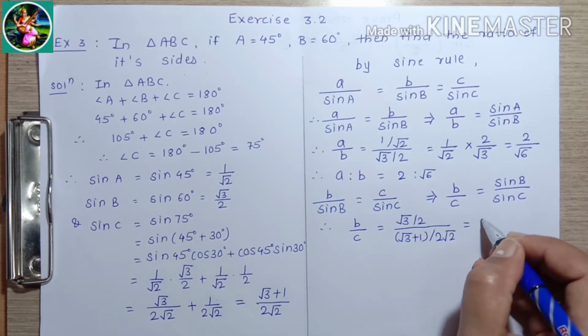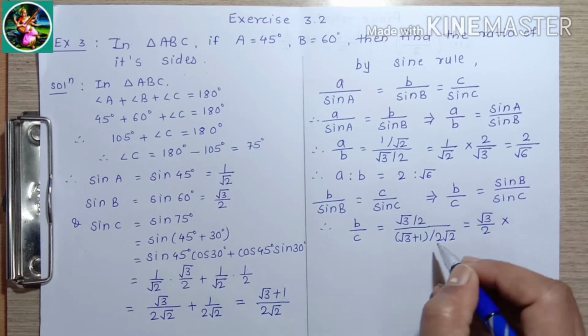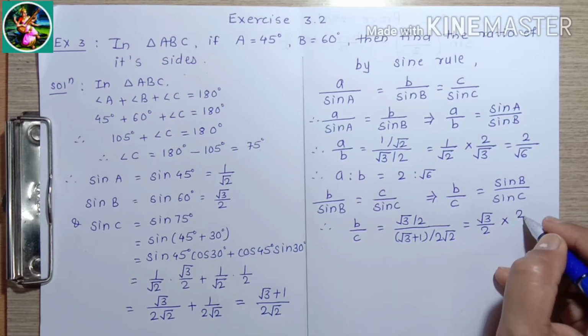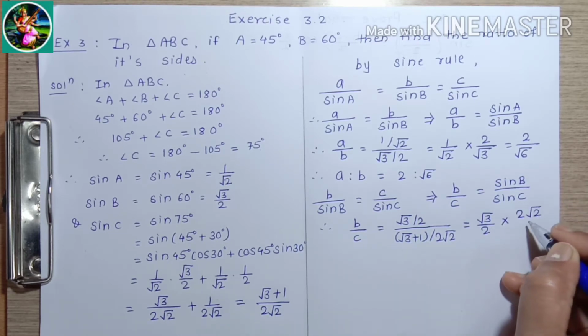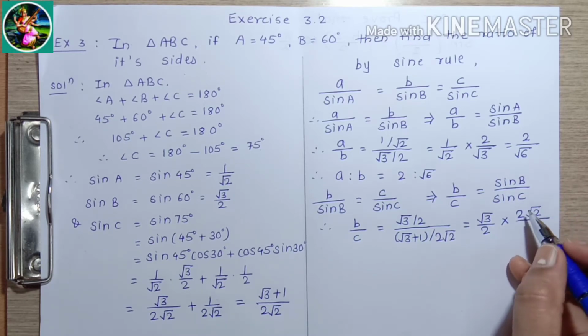Here we write root 3 divided by 2, and reverse multiply, that is 2 root 2 divided by root 3 plus 1.